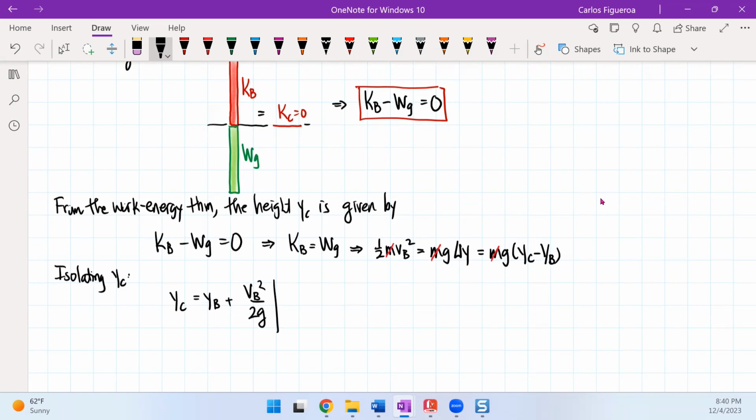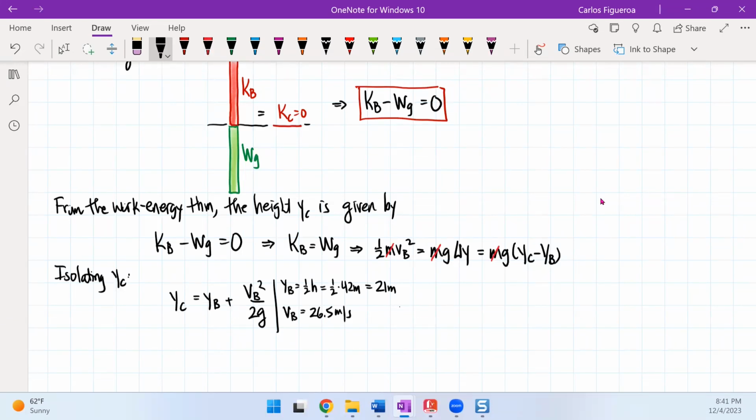So if I look at that, I can see that YB is 1/2 H, which is 1/2 times 42 meters, which is 21 meters. And then VB, which is a number we already calculated, is 26.5 meters per second.